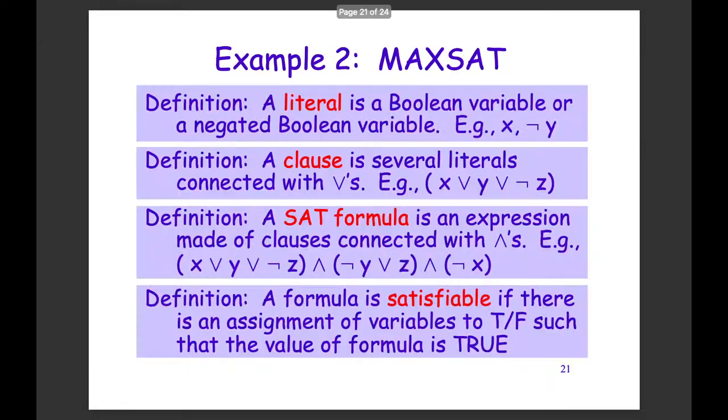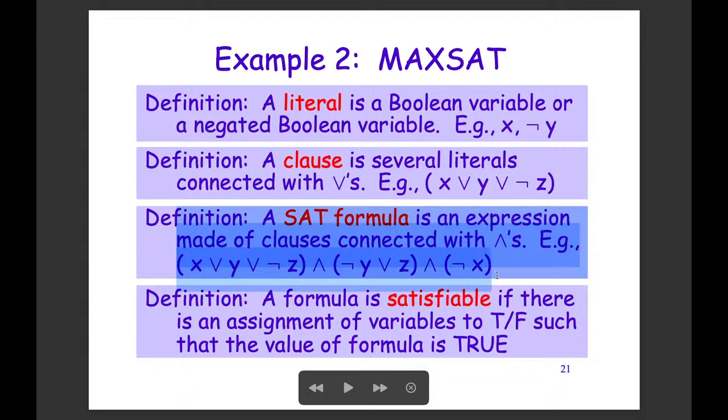Okay, similarly, we will have another example. This is called the max SAT problem. In the max SAT problem, we are given a SAT formula, let's say in the so-called conjunctive normal form.